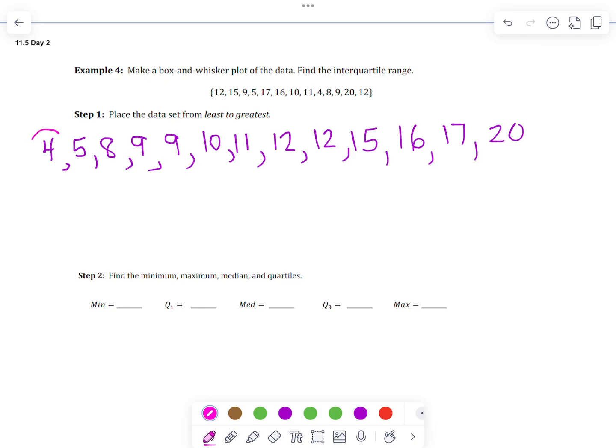So the minimum is 4. The maximum is 20. Then we want to find the median, Q2.